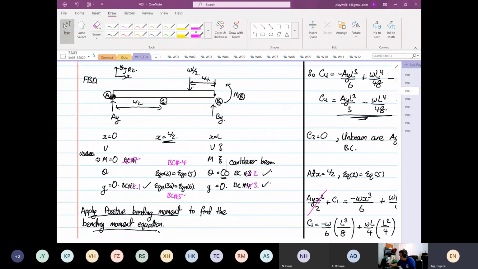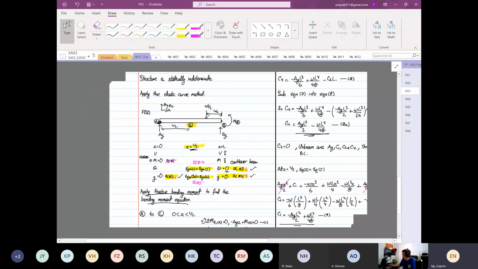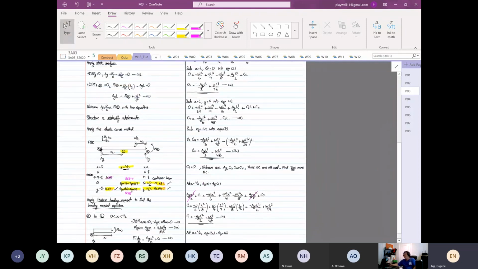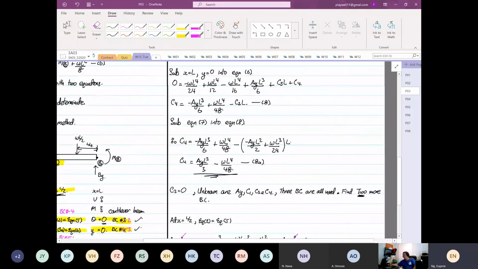For this case, you have to be very cautious about the boundary condition. Initially, we only know this boundary condition, this boundary condition, and this boundary condition. And then later we realize, hey, it's not enough. Then at point C, we realize that the equations are equivalent when x is equal to L over 2. The rest is just very simple, tedious math.